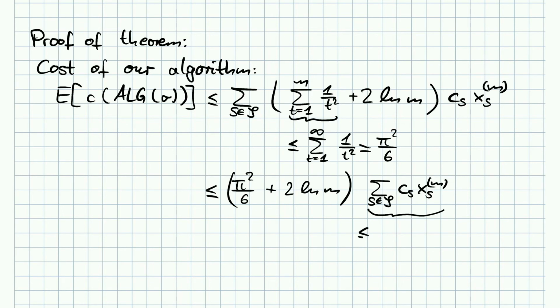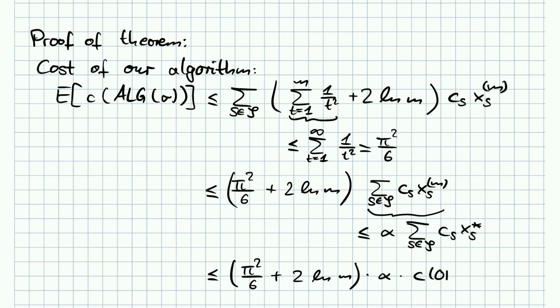We know that this here is at most alpha times the cost of the optimal fractional solution. So overall what we're getting is this constant times 2 times ln m times alpha times, and then we can just take the optimal offline solution, the optimal integral offline solution, because this can be no better than the optimal fractional solution. And this proves our theorem.